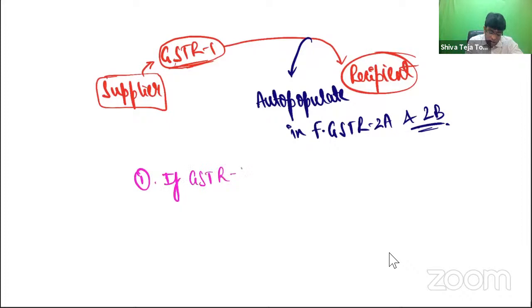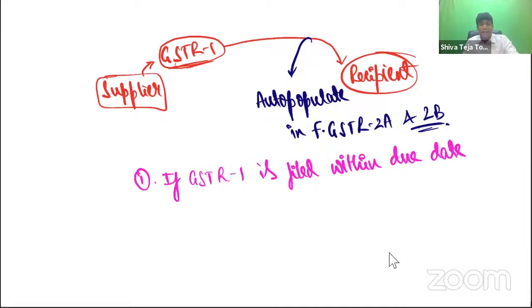if GSTR1 is filed within the due date, and by the way, what is the due date? The due date could be the 11th or the 13th: the 11th in normal circumstances, and the 13th in case of QRMP, IFF, or where the return is filed on a quarterly basis.